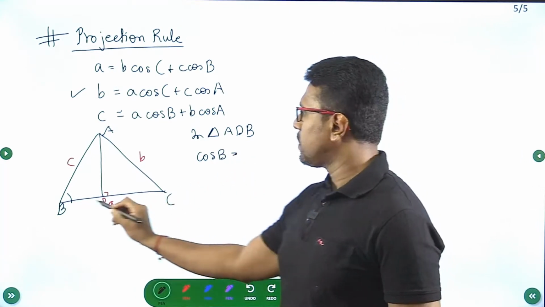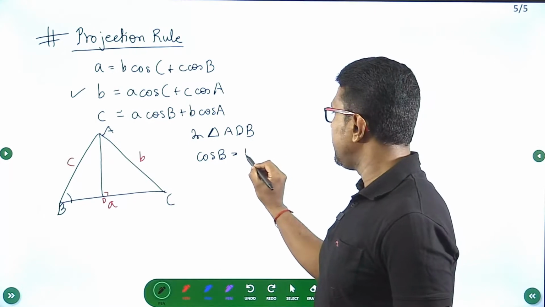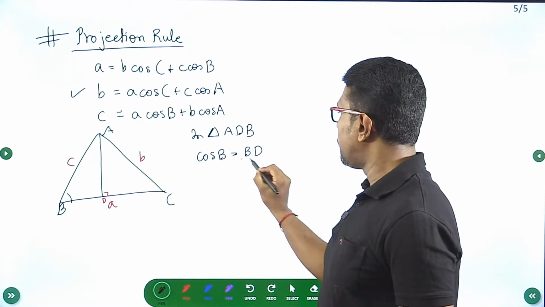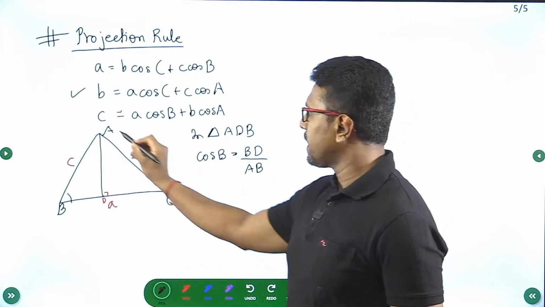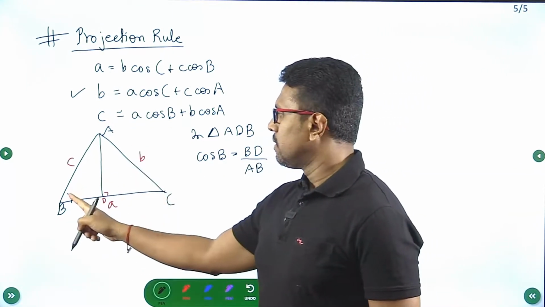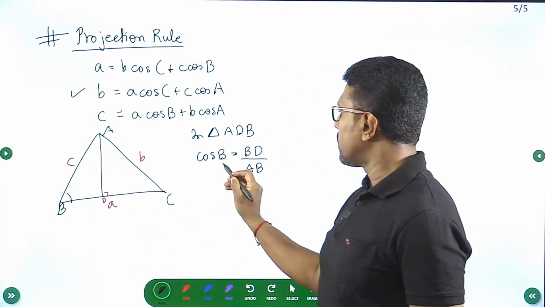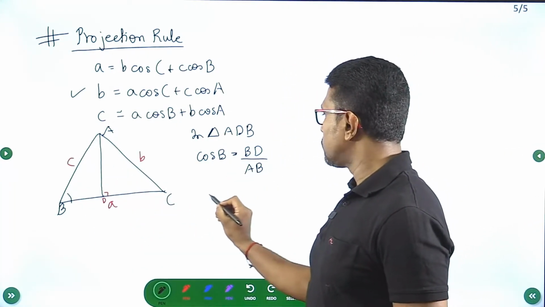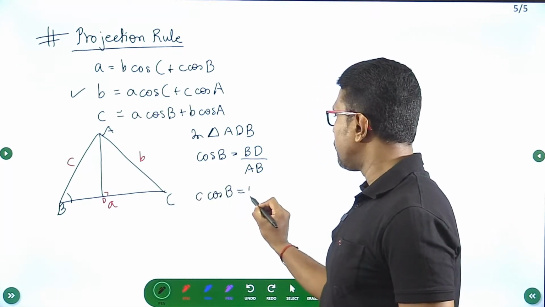Cos B will be equal to the adjacent side upon the hypotenuse. So this is BD upon BA, or AB. So this value is c, and I can say this is c cos B. This is the value of BD.